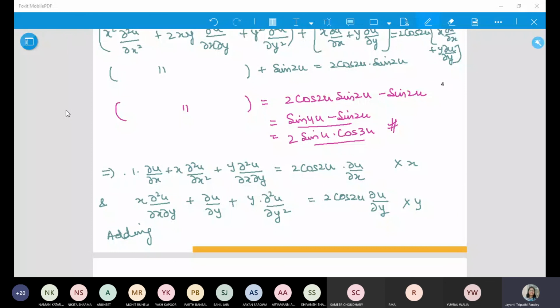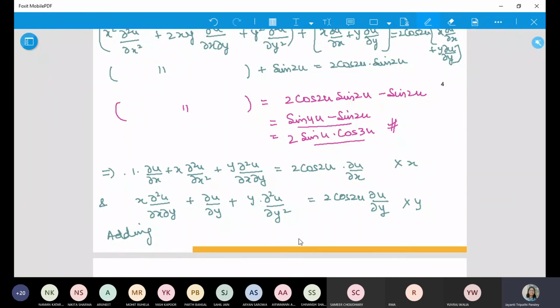Anything else? Anyone else who has any doubt? If no, then write the next question. If u is equal to sin⁻¹((x + y)/(√x + √y)).